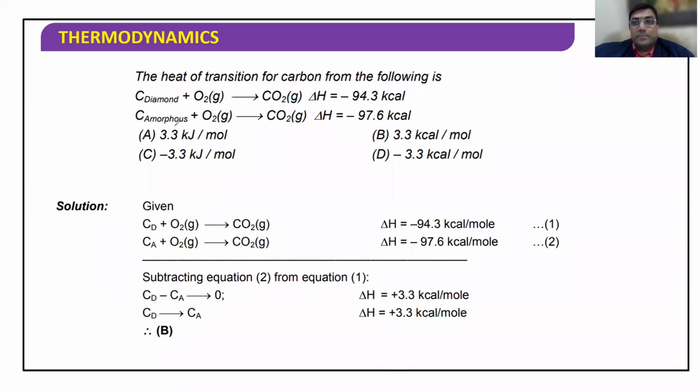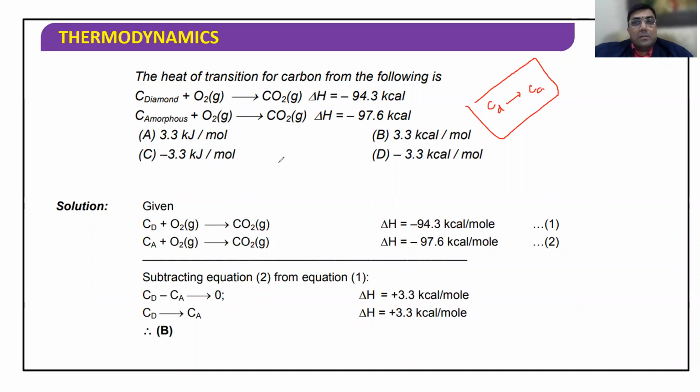Similarly, amorphous carbon plus O2 gives rise to CO2, minus 97.6 kilocalories. Now, what is required? The heat of transition. Heat of transition means C diamond you have to convert to C amorphous.